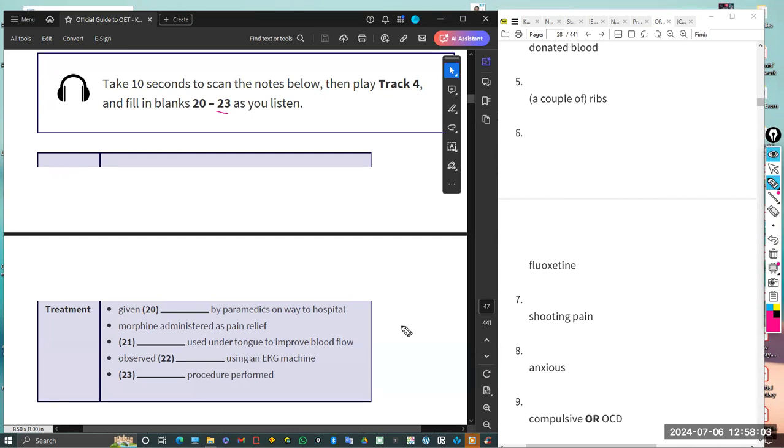So I remember the paramedics put me into the ambulance and gave me some aspirin. They took me to the ER, and there they gave me a morphine shot for the pain I was feeling. They also put a mask on me for oxygen to help me breathe, and something under the tongue to help. I think it was to help my heart get more blood. It was called nitroglycerin.